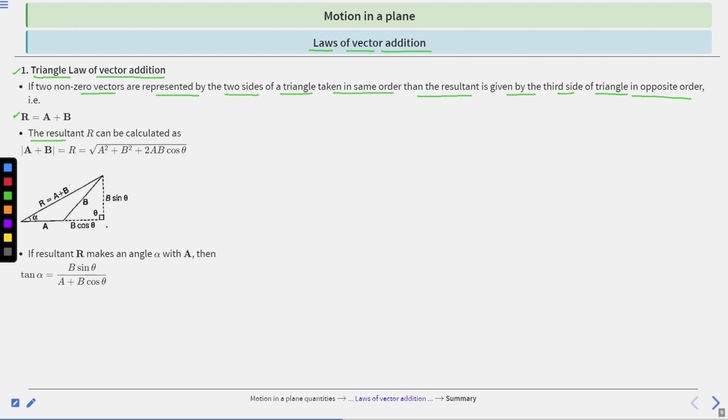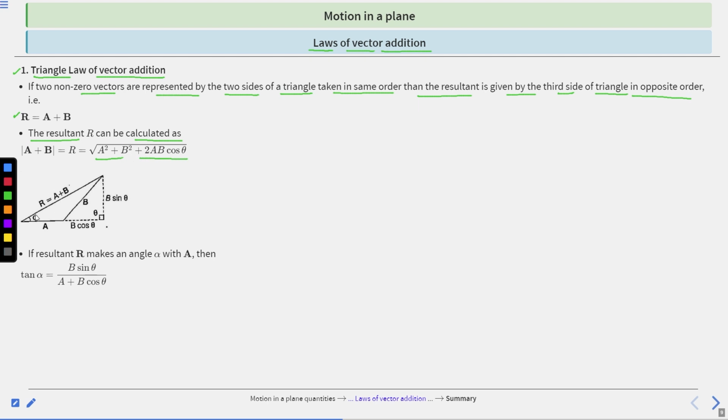The resultant R can be calculated as: mod of A vector plus B vector is equal to R, which is equal to under root A square plus B square plus 2AB cos theta.